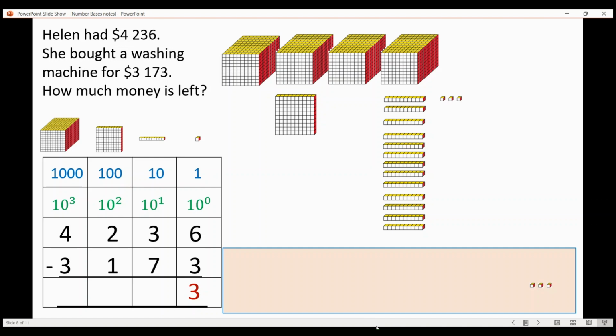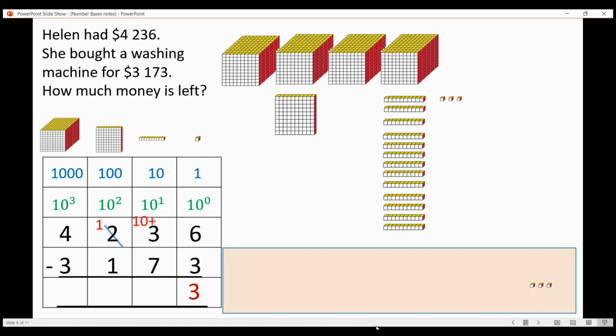So now that we have done that, we can see it represented in the algorithm by doing what? Recognizing that we had 2 squares, or 2 sets of hundreds, and we replaced one. So that is why we recommend crossing out the 2 and leaving it as 1.